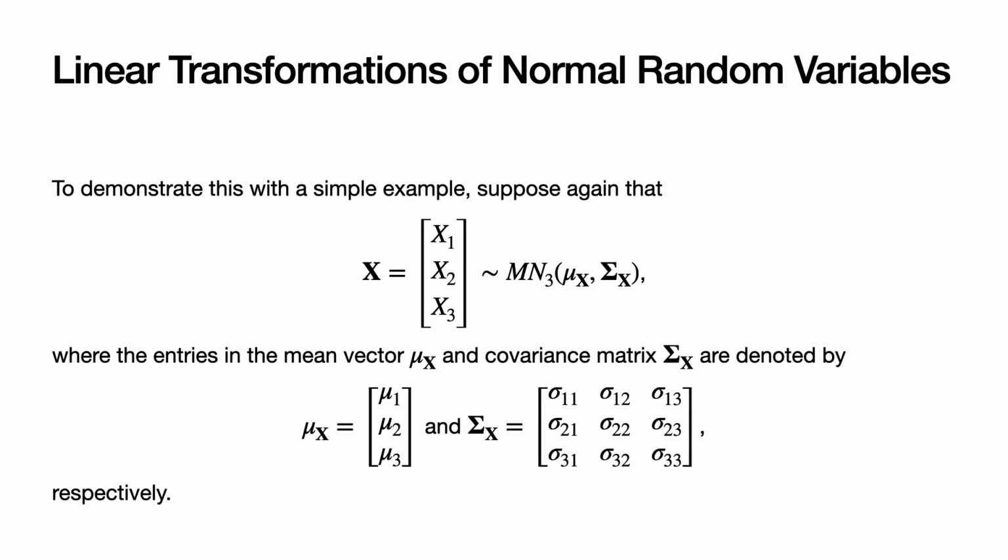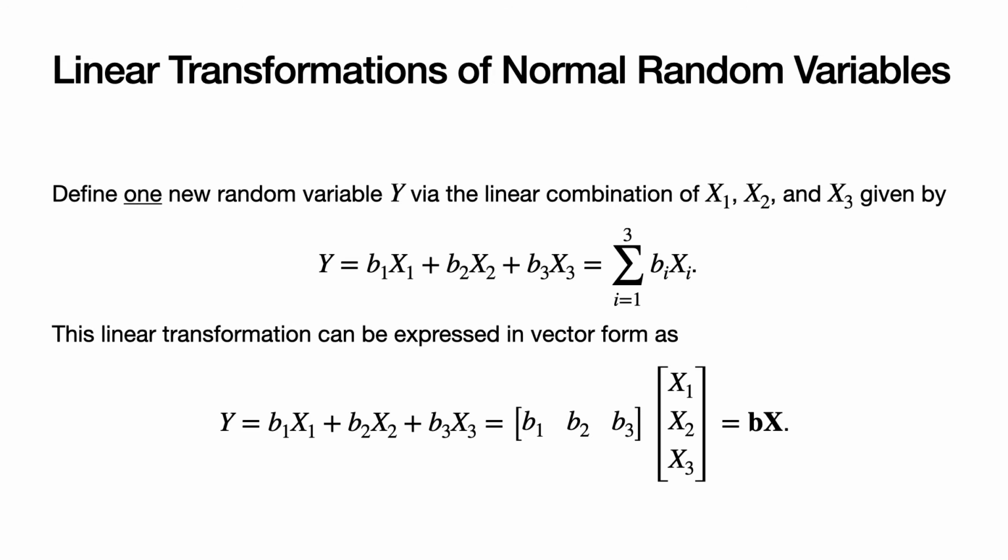Now to demonstrate this with a simple example, suppose again that x is a 3 by 1 random vector that varies according to a multivariate normal distribution of rank 3 with mean vector mu sub x, covariance matrix cap sig sub x, with entries as shown here. Now in this situation, we're going to define one new random variable y via the linear combination of x1, x2, and x3 shown here.